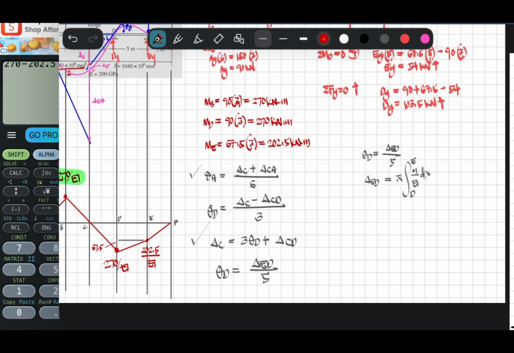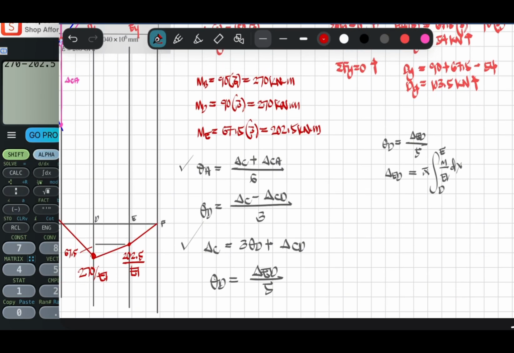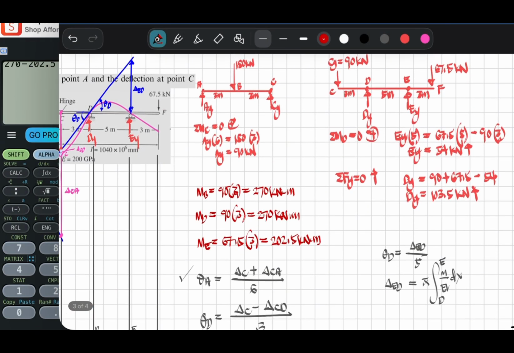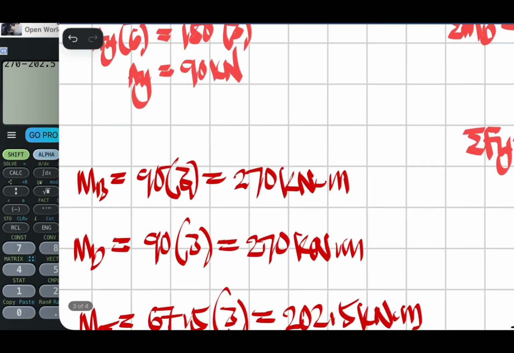Okay, so from D to E, this is the moment of the area under the M/EI diagram about E. So this is the deflection of point E relative to the reference tangent at D.